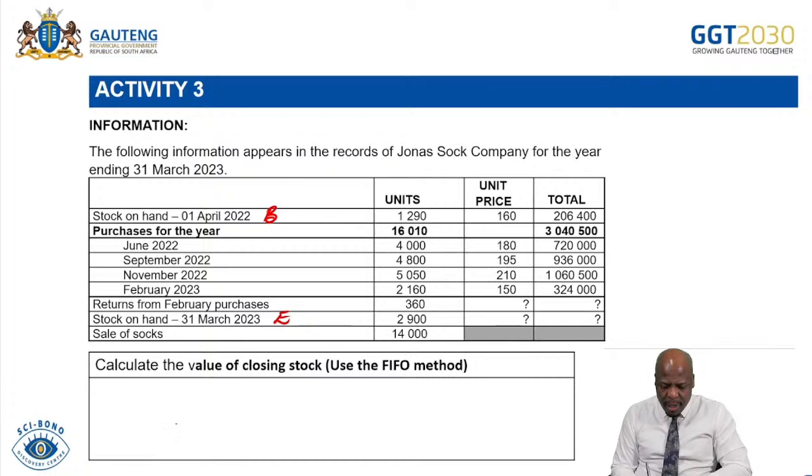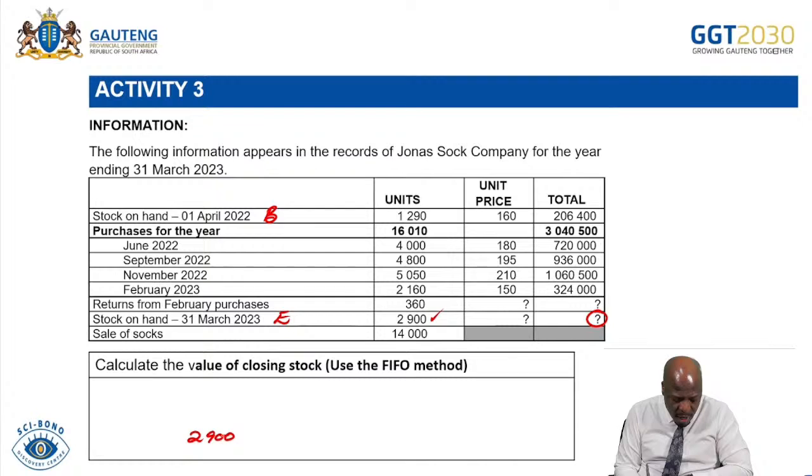So you want the value for your units, the units in March. And how many units do we have in March? You have 2,900. So what we are looking for is that question mark. So I'm going to come here and I'm going to say, how many units do I have? 2,900.